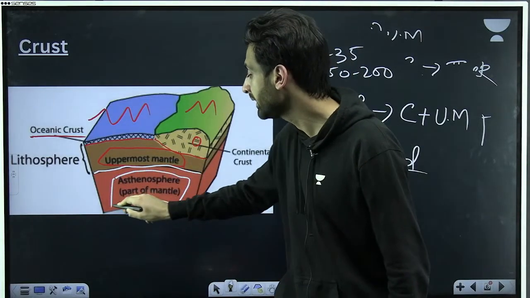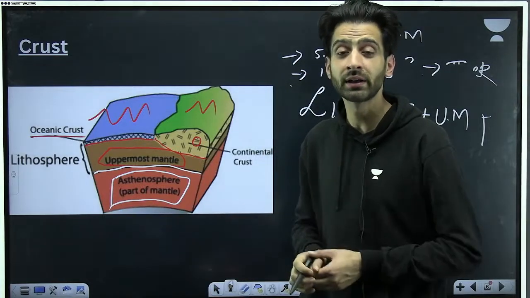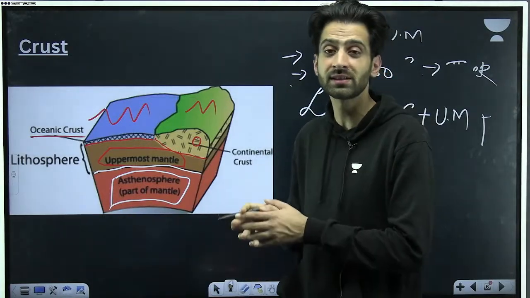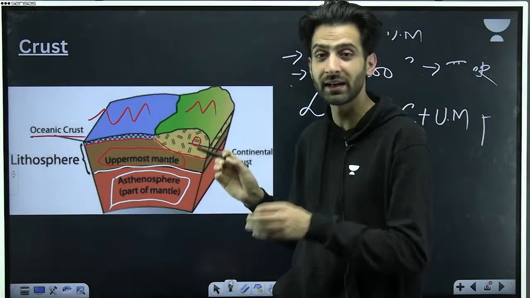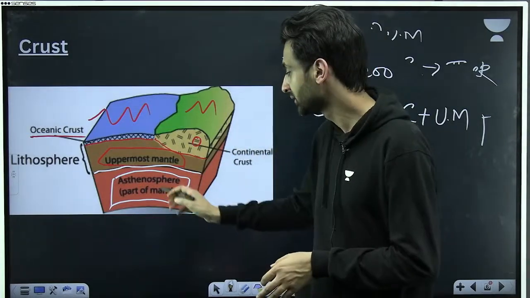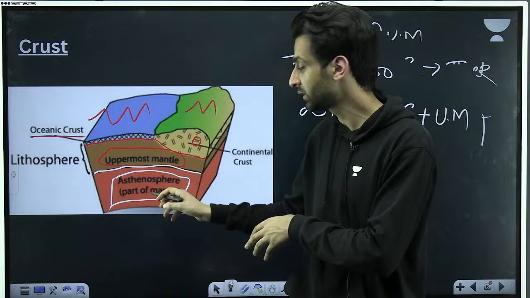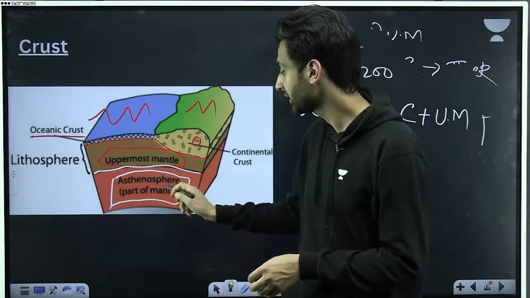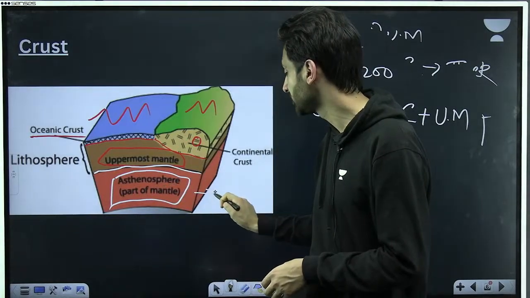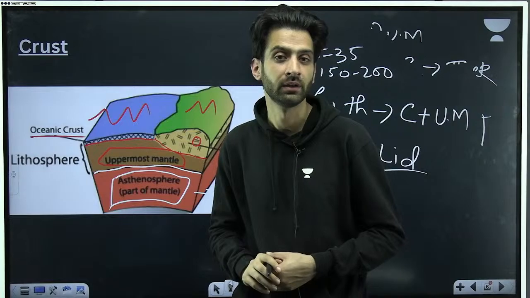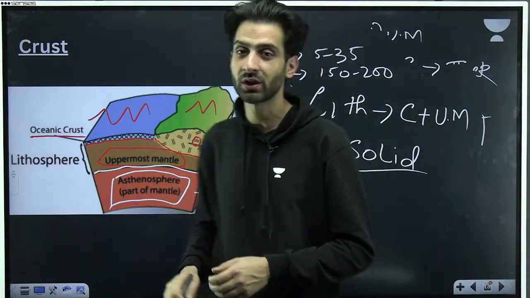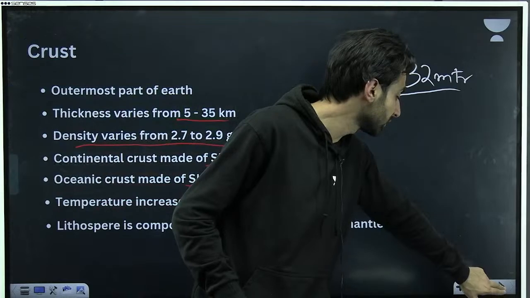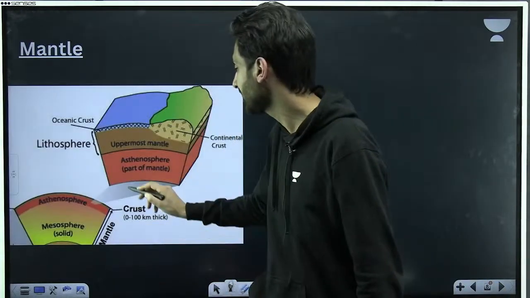Because of the very high temperature, because of the radioactive activity going on inside the earth, and the 1 degree increase every 32 meters, it's very difficult for this layer to be solid. So the layer will not be solid, it will be semi-solid. Not entirely liquid, but semi-solid. So that brings us to the next layer, the asthenosphere. This is the asthenosphere.